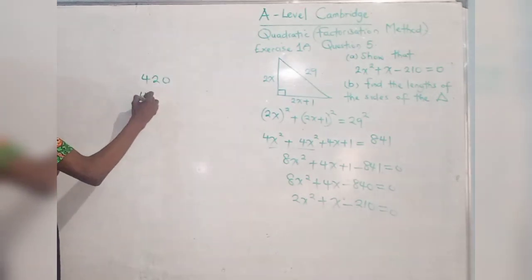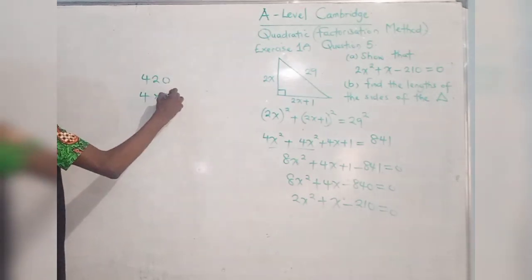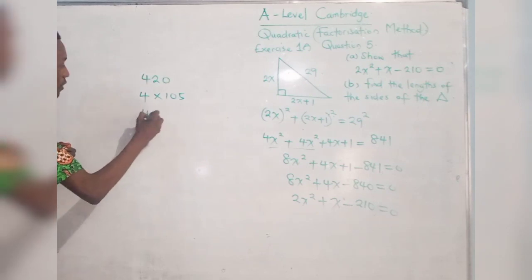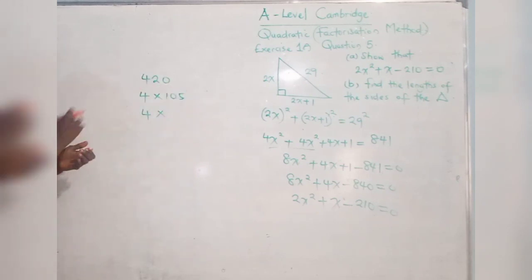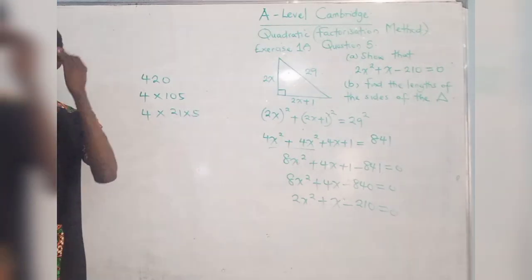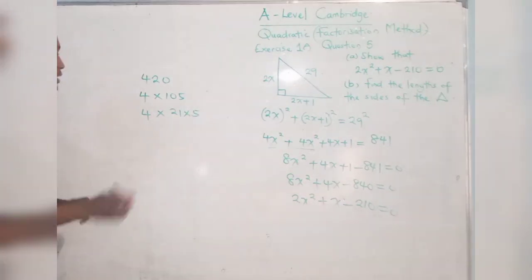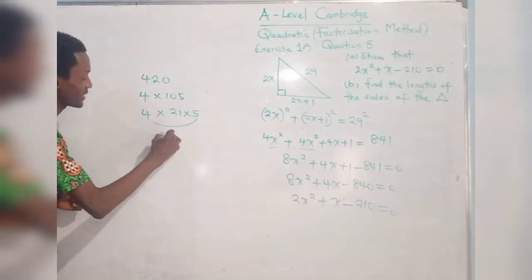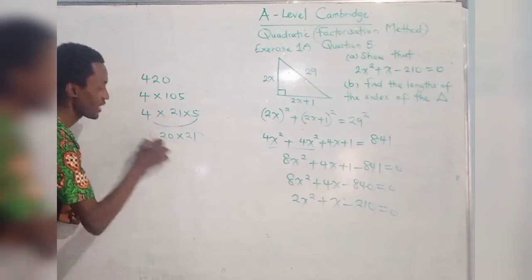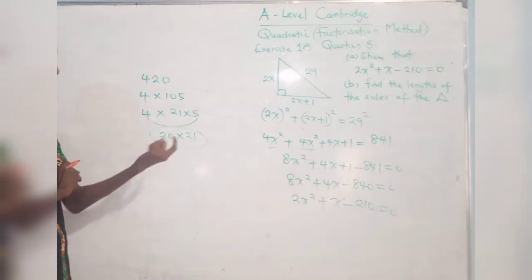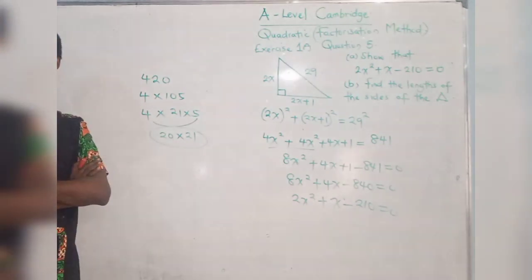I can have 4 times 105, then I can break this into 21 times 5. And if I multiply these two together, I'm going to get 20 times 21. These are the factors I need to work with.